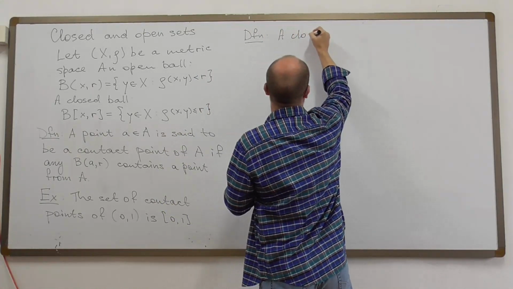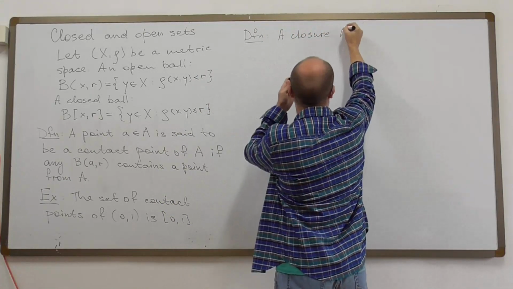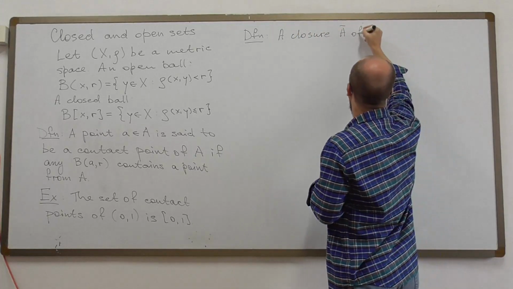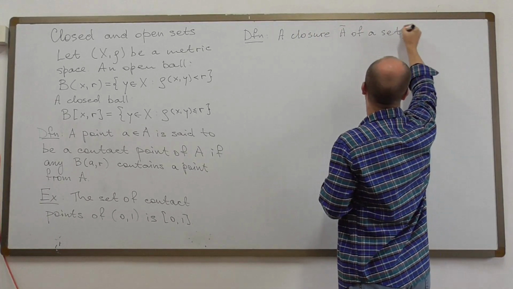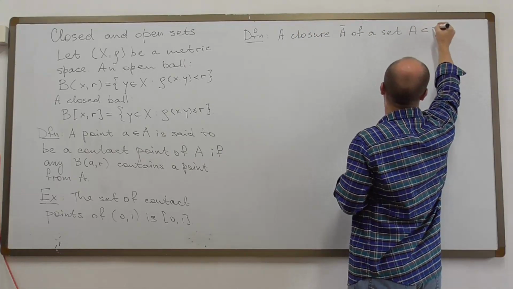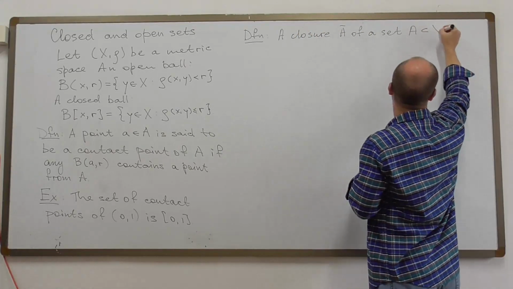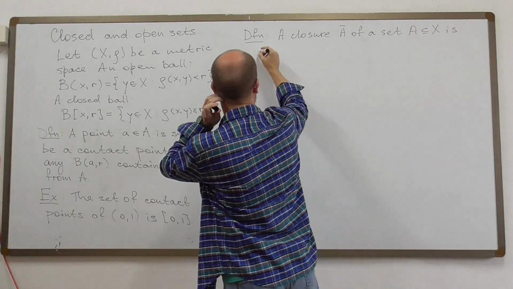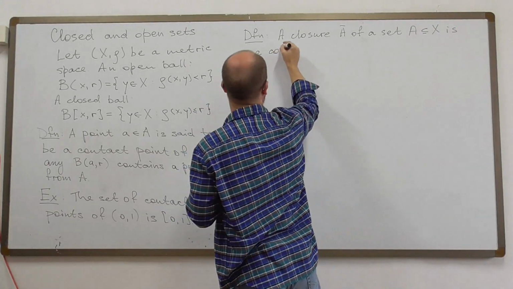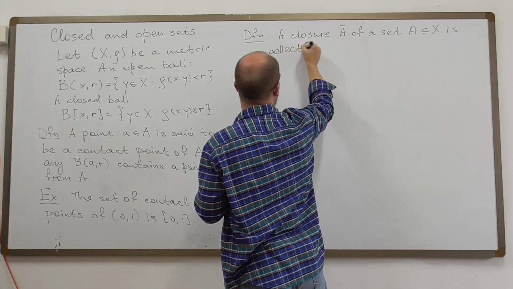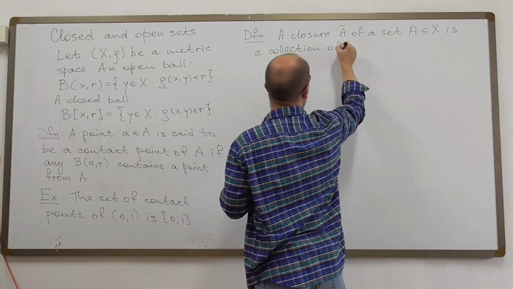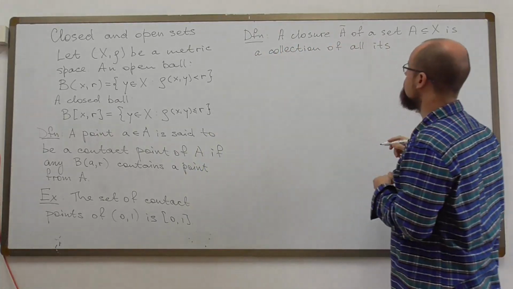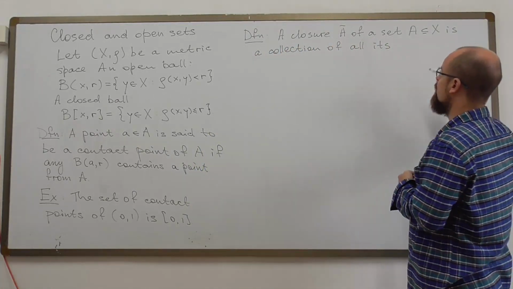A closure. We will denote it by a bar. The closure of a set A from some metric space is a collection of all its contact points.